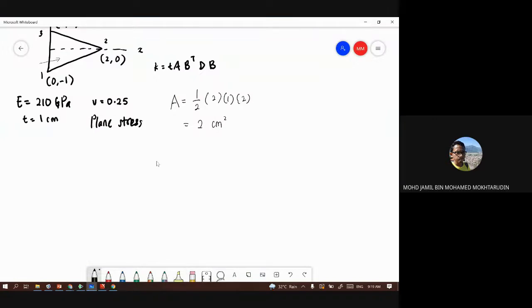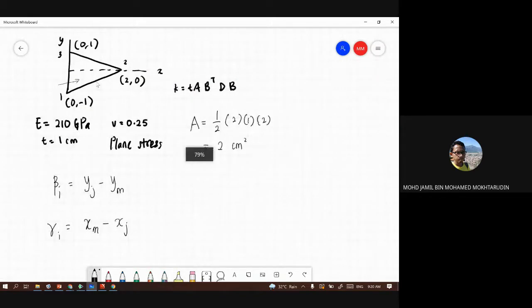So let's calculate. Beta I equals yj minus ym and gamma I equals xm minus xj. So we go back to our figure here. We need to name the nodes using the counterclockwise convention, starting with the leftmost.